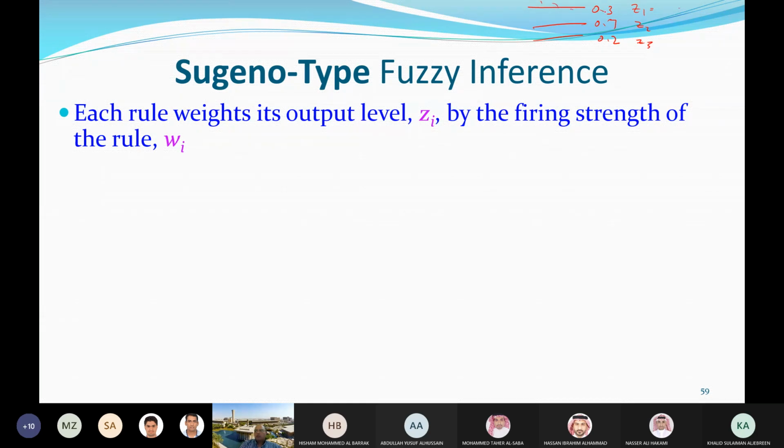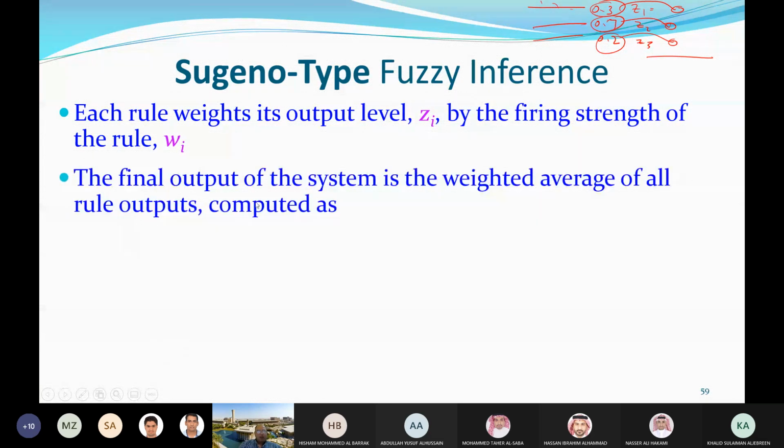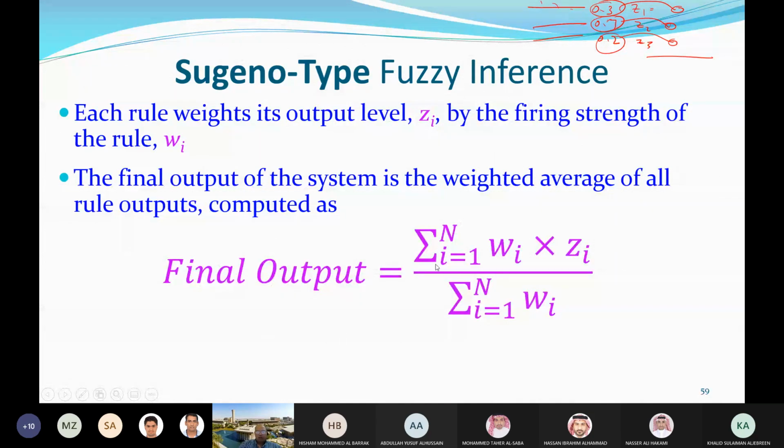So 0.3 times this, 0.7 times the numerical value here, 0.2 times the numerical value here, and then you get the average. The final output of the system is the weighted average of all rule outputs: the summation of weights multiplied by Z over the summation of weights.